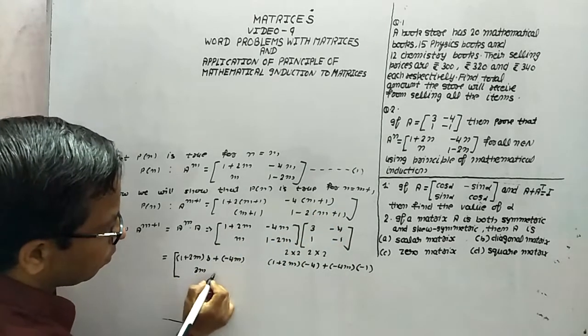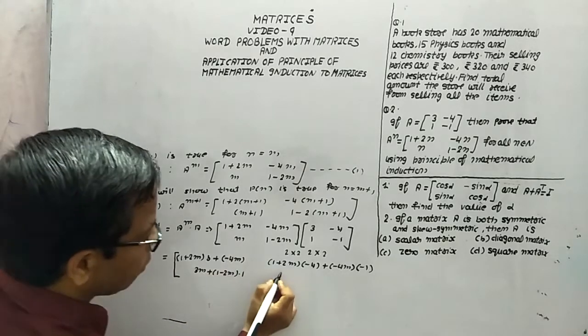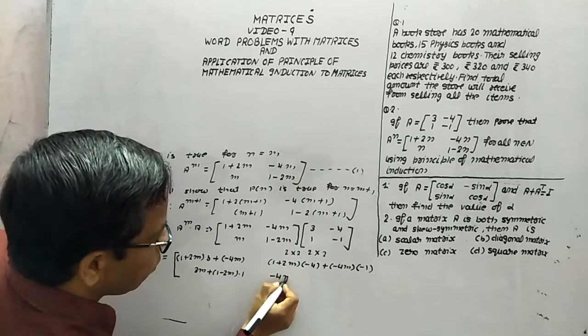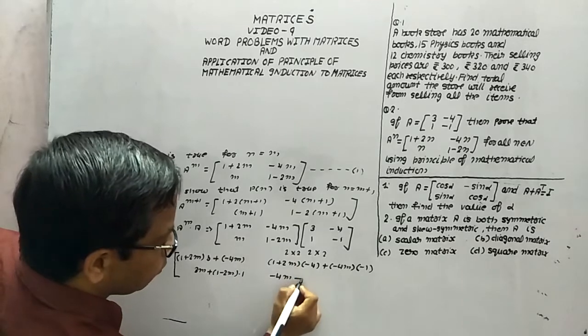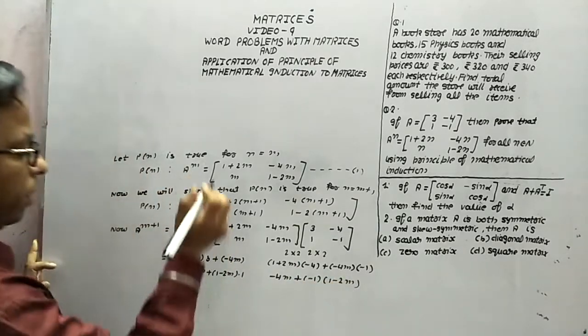Now second row: 3m plus (1-2m) into 1, then -4m plus (-1) into (1-2m). Now look at this thing.